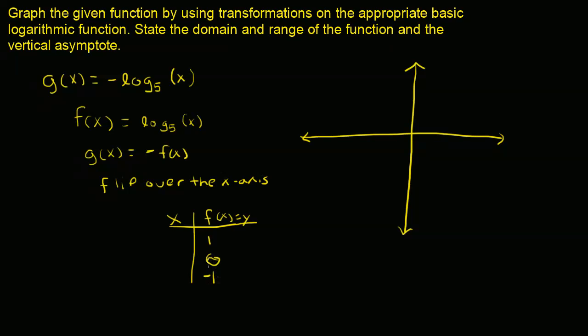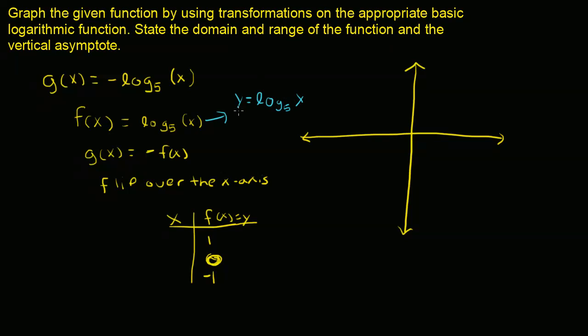These are just 3 easy points to figure out what x equals. Let's think about this function, log base 5 of x. So this is the same thing as y equals log base 5 of x.